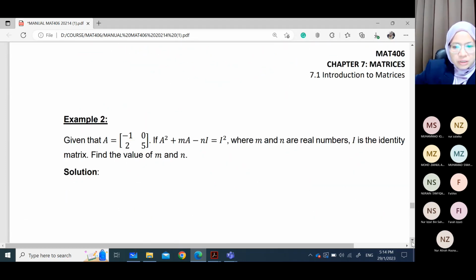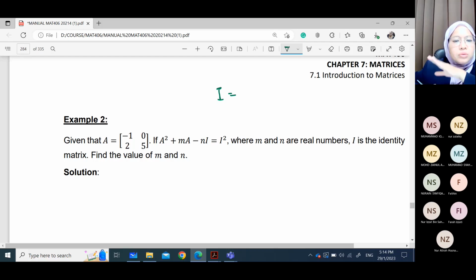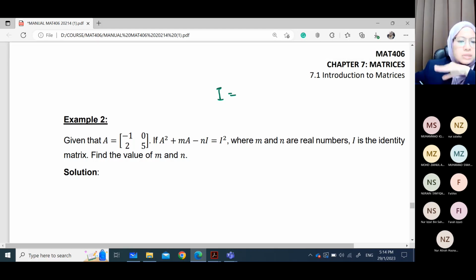Alright, so untuk example tu rasa boleh buat sendiri. Okay, so beza dia dekat sini A squared plus MA minus NI. So M is a scalar. So I is the identity matrix. Okay, so identity matrix yang ada 1, 0, 0, 1, dan 1, 0, 0, 0, 1, 0, 0, 0, 1. Itu adalah identity matrix.